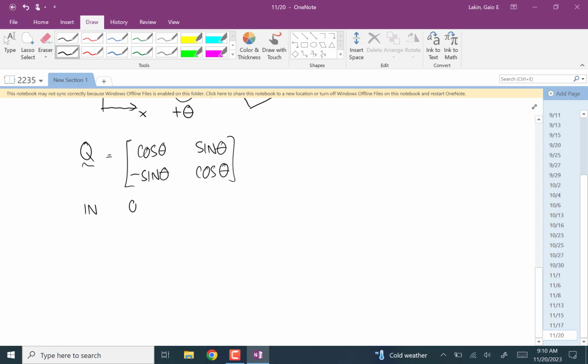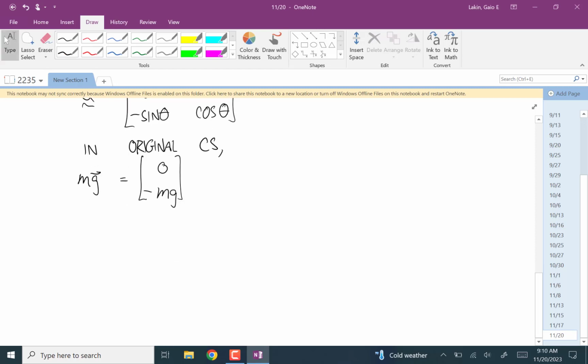In the original coordinate system, the weight force is 0, negative mg. So in the new coordinate system, mg is equal to Q times 0, negative mg.